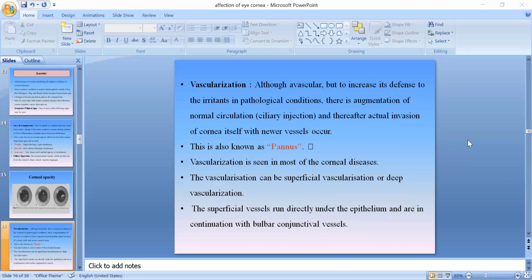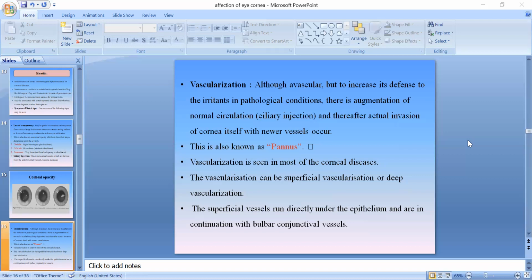If it is bright red, it originates from the conjunctiva. If it is bluish gray, it originates from the ciliary vessels, right? So vascularization is seen in most corneal diseases.